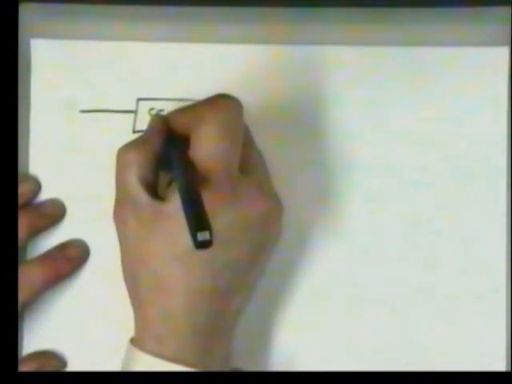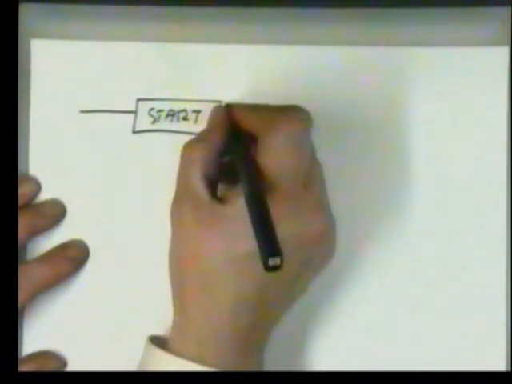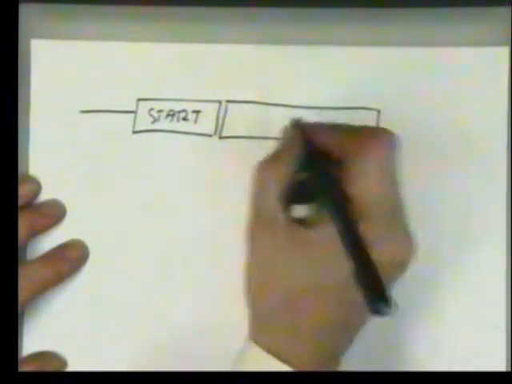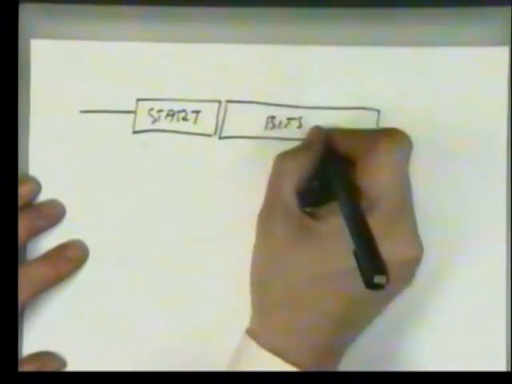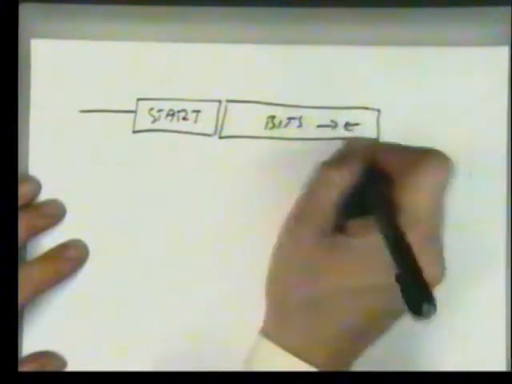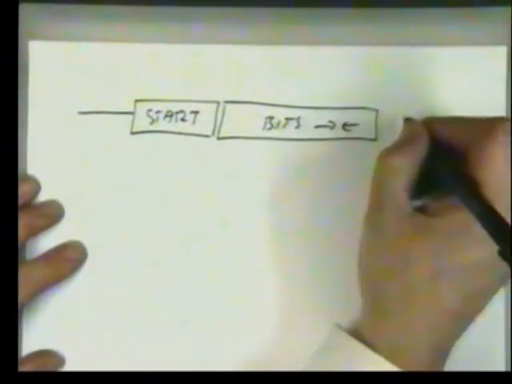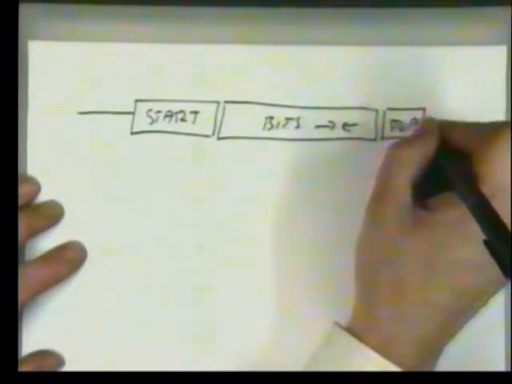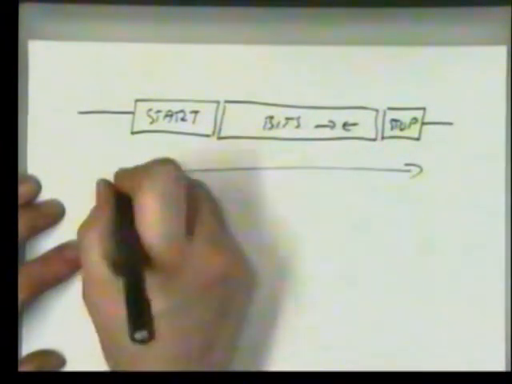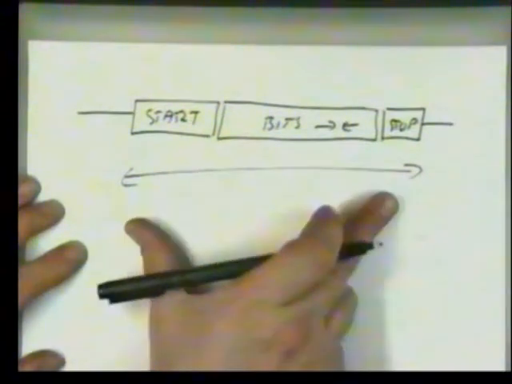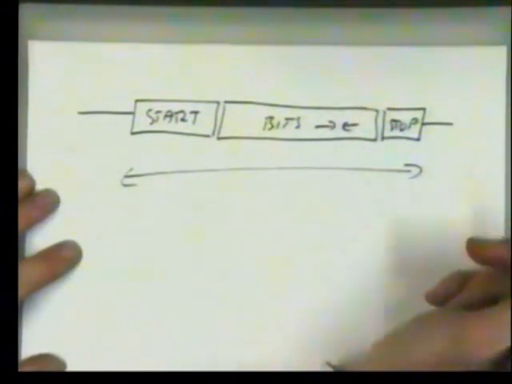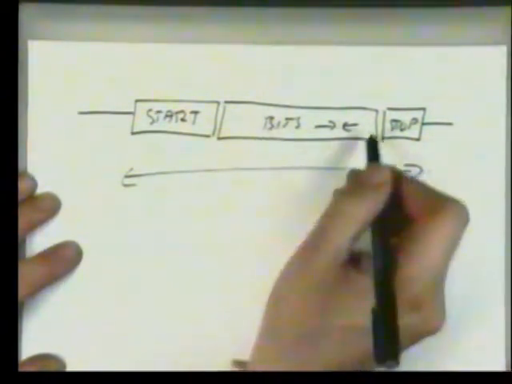You would get a start, then you would output bits forward and back in some controlled manner. I'll look at how that's done in a minute. Finally, the master outputs a stop, and that is the end of transmission. So here is the whole transmission period that cleanly ends it, and then you can restart a new transmission.